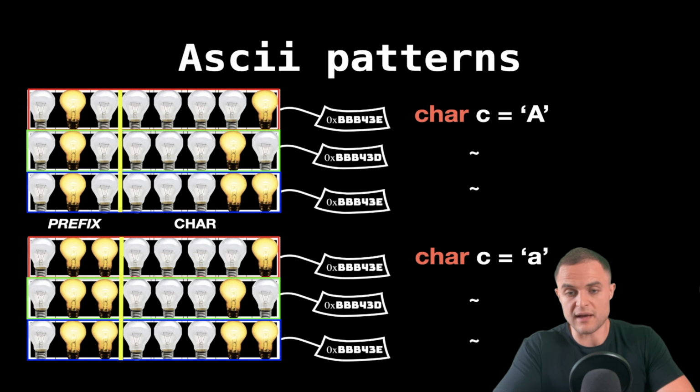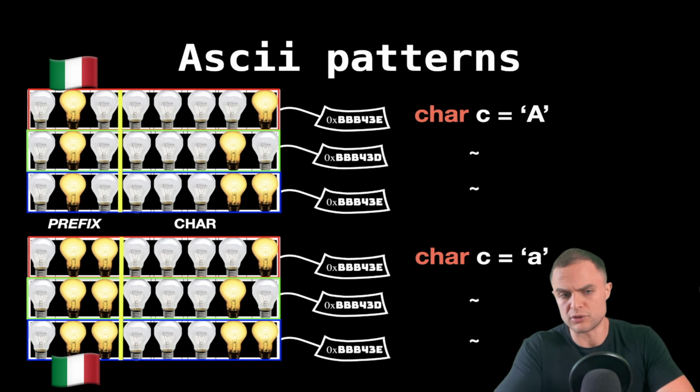So we have the uppercase A, which has this electrical state. We have a prefix, this time of 3 bits, because we have 26 chars, so we need 5 bits to represent them. 5 bits have 32 patterns, so they are enough to represent all the 26 chars. So I have my prefix, which is 010 for my uppercase chars.